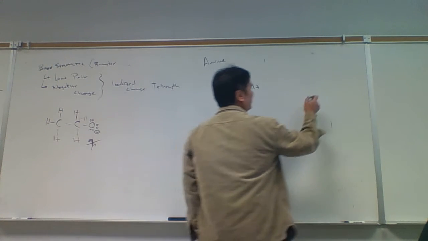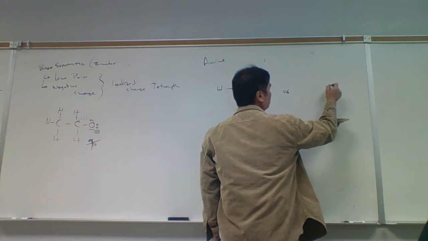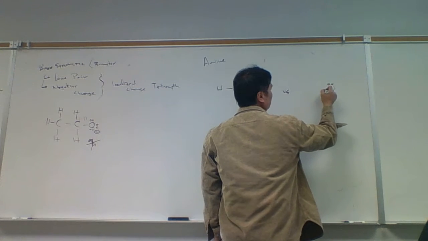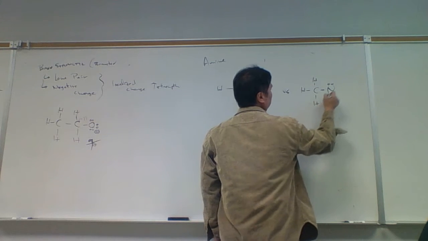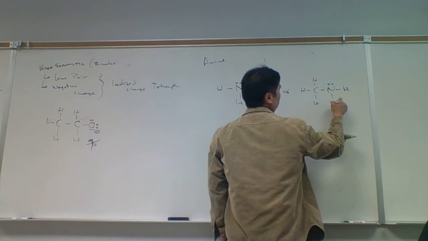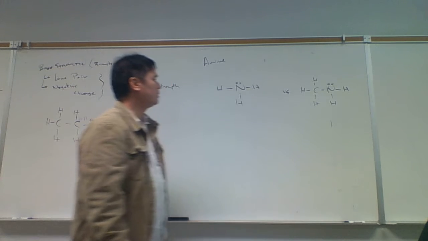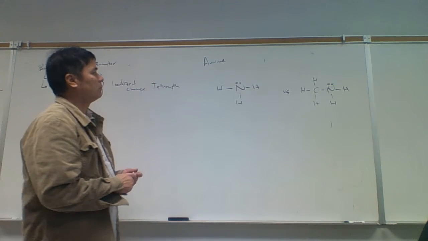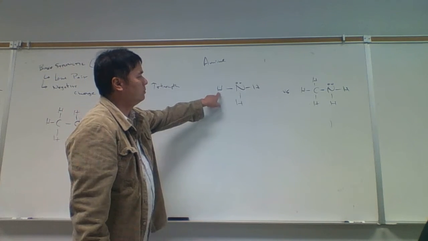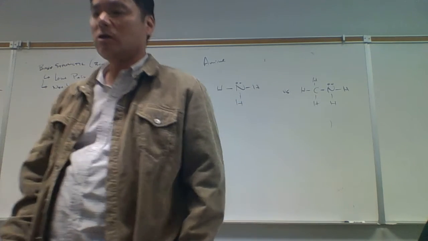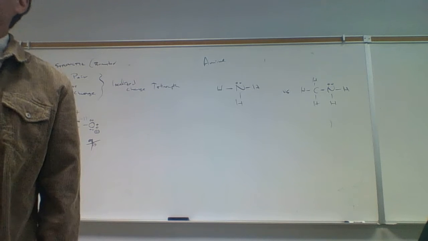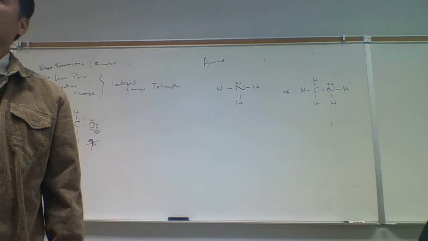So if we look at ammonia, now what happens if I do this? We'll do ammonia versus methylamine. So what's the difference between ammonia and methylamine? Well, I'm replacing this hydrogen here with a carbon. Do you know what the electronegativity of hydrogen is? It's 2.1.